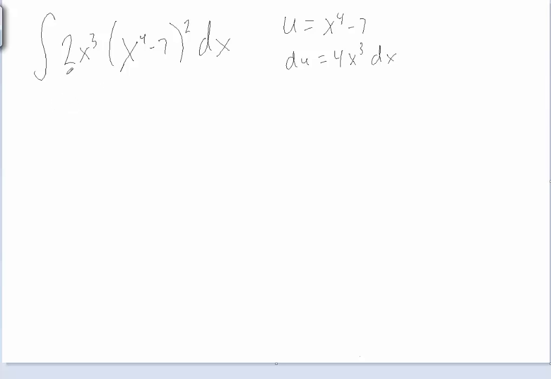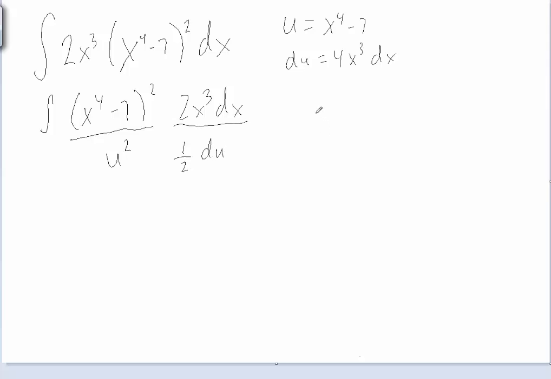Okay. If we rearrange this again, 2x cubed dx, we've got u squared, but here instead of 4x cubed dx, we have 2x cubed dx, which ends up being 1/2 times du, or 1/2 times 4x cubed dx.